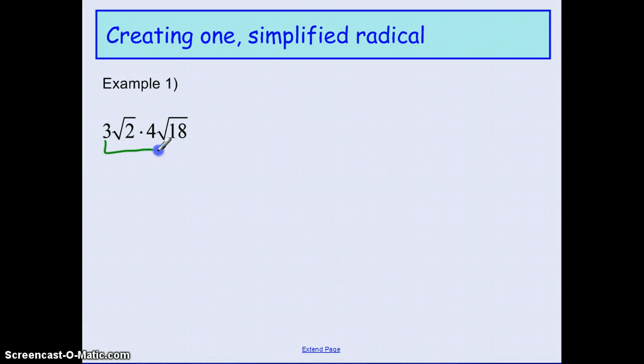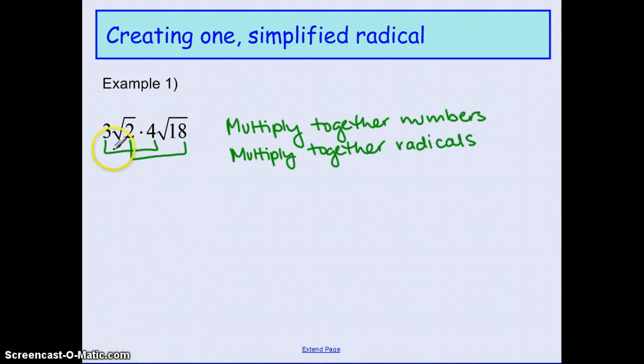So we can multiply together the numbers, and we can also multiply together the radicals. When I multiply together my numbers, that's 3 times 4, or 12. And I'm multiplying those numbers times the radicals multiplied together, so that's the square root of 2 times the square root of 18.